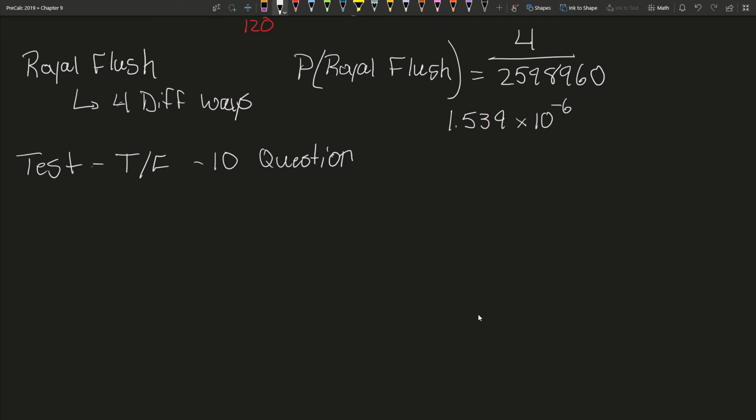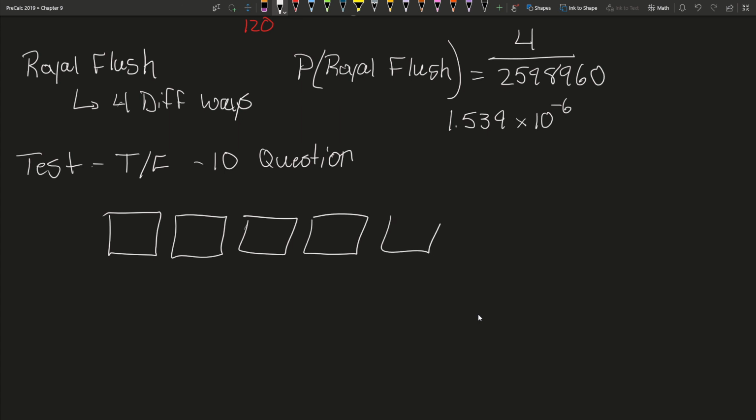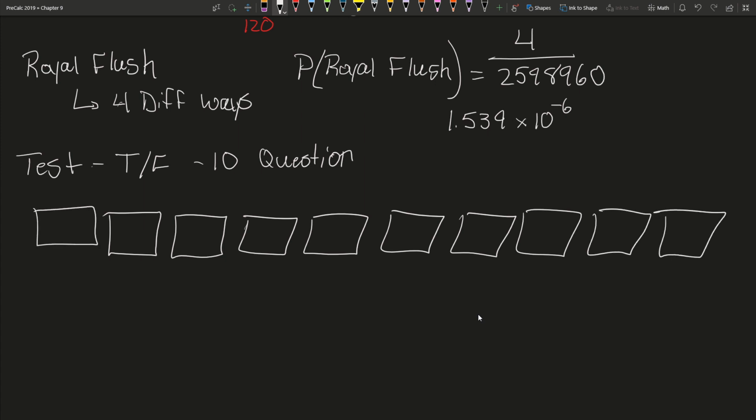And the way you would do that is split this up into 10 different events, where each question is its own event, and then multiply the total number of different outcomes or possibilities, right?